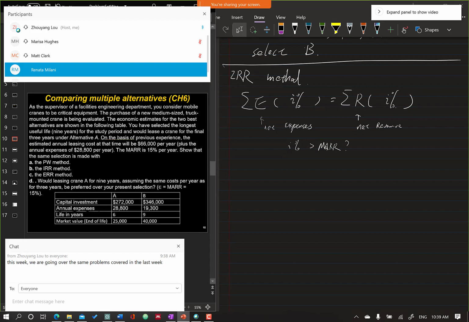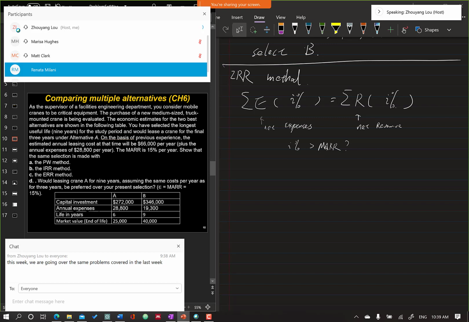Okay, so let's continue. And please notice this part. I don't remember if we have talked about comparing different projects using incremental IRR. But I want to give you this piece of information.